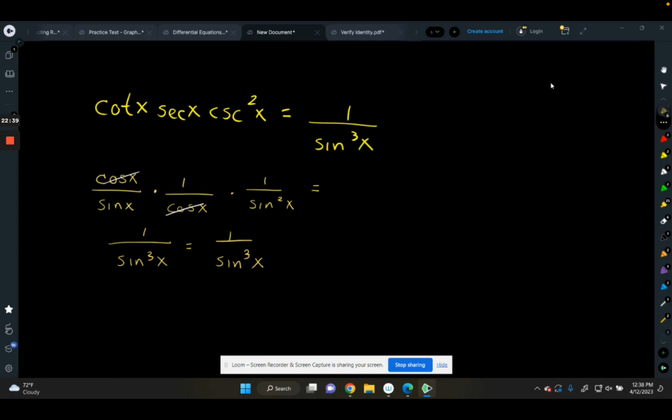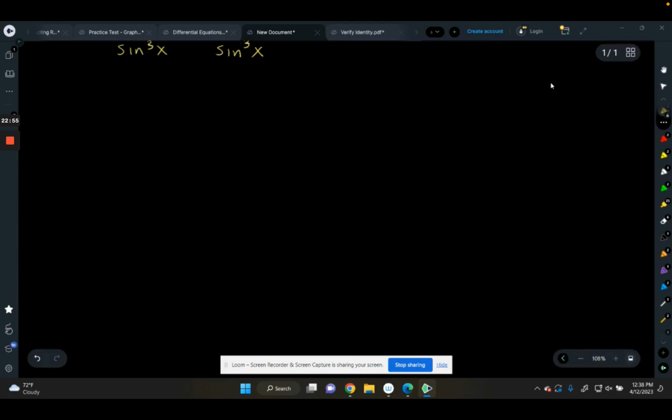Okay, one more. How about this one? 1 over cosine squared x equals tangent squared x plus 1.